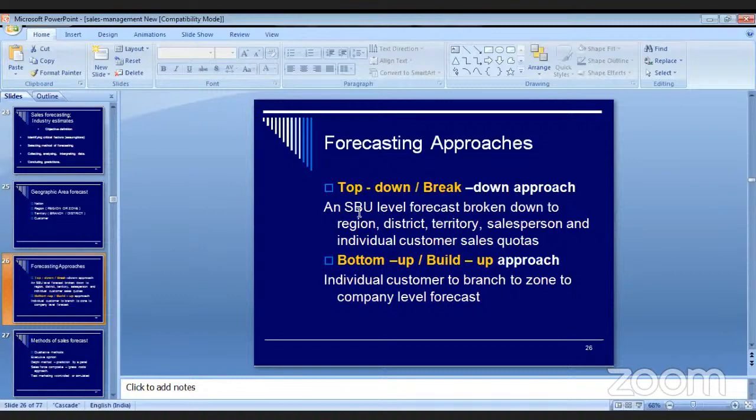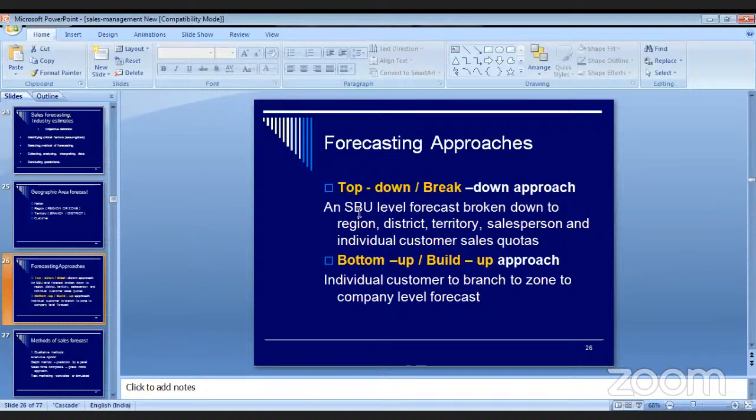Take the example of Hindustan Unilever, having different strategic business units, one product say Lux, then Lifebuoy, or likewise so many products.